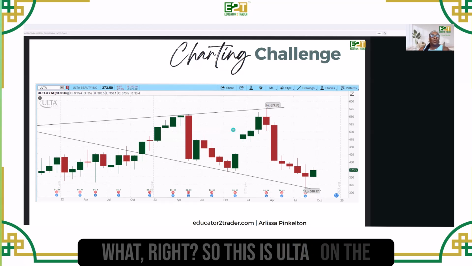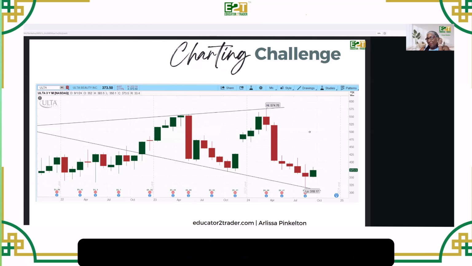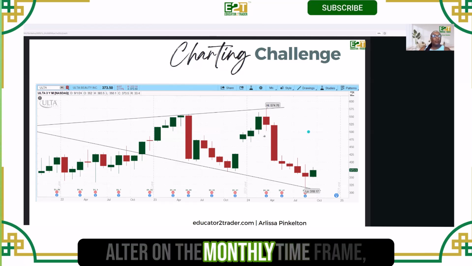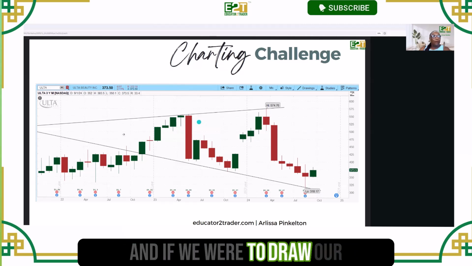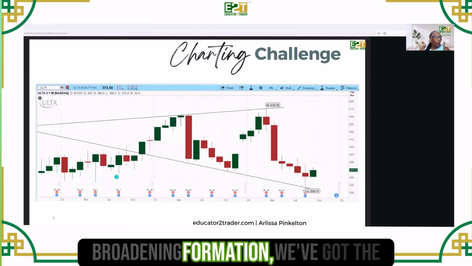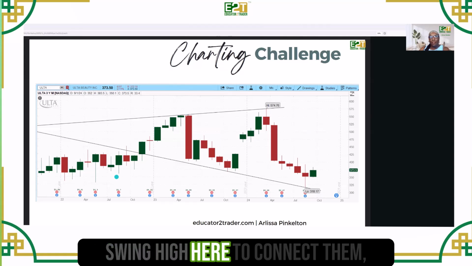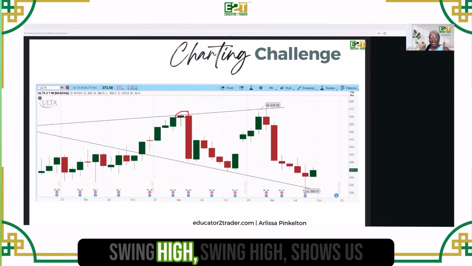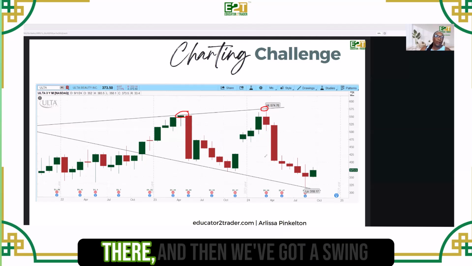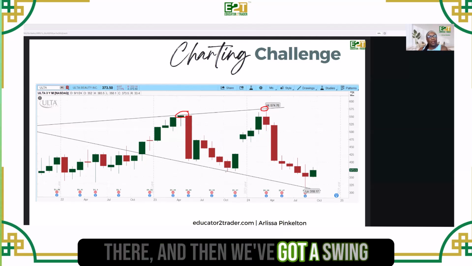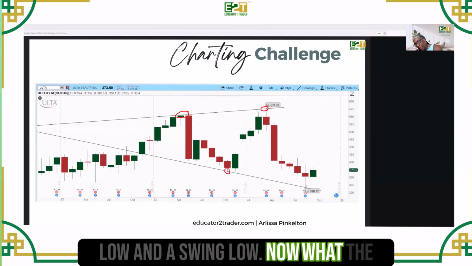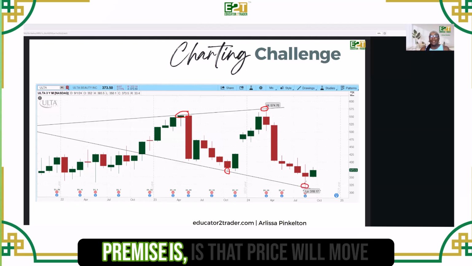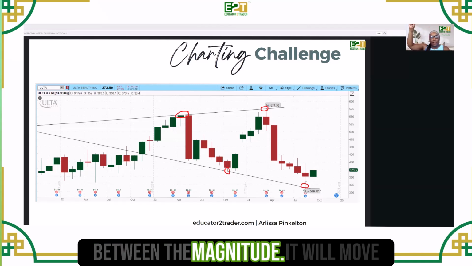So this is Ulta on the monthly time frame. And if we were to draw our broadening formations, we've got the swing high here to connect them. Swing high shows us there. And then we've got a swing low and a swing low. Now, the premise is that price will move between the magnitude.